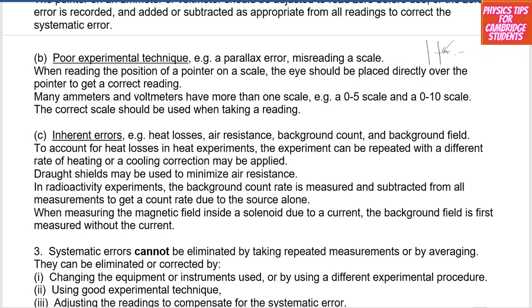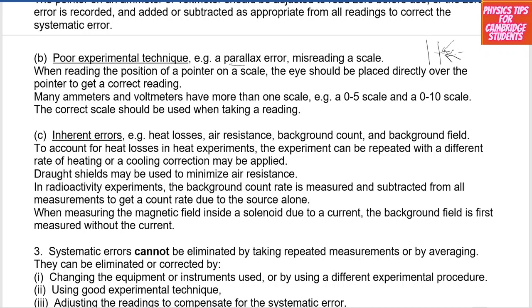So that parallax error is a systematic error. But if you are constantly shifting the way you are viewing the reading, say from top to bottom, that parallax error becomes a random error. So parallax error can either be random or systematic. Systematic in the sense that you are viewing from the same position all the time, but random in the sense that you can change the way you are viewing the reading. So that is a parallax error.